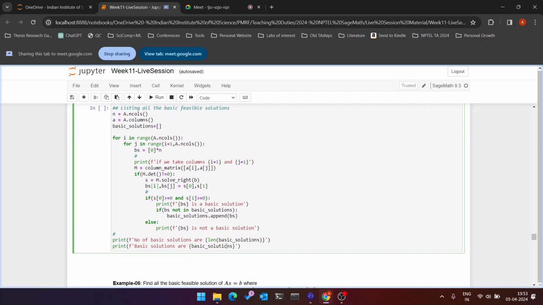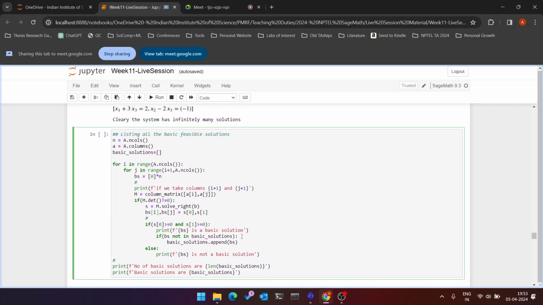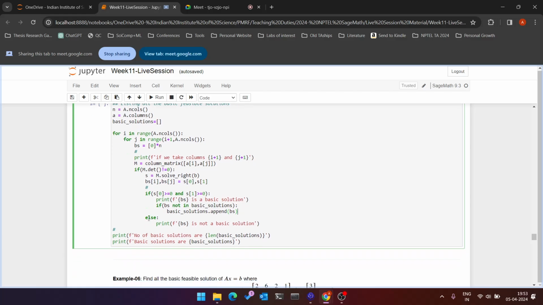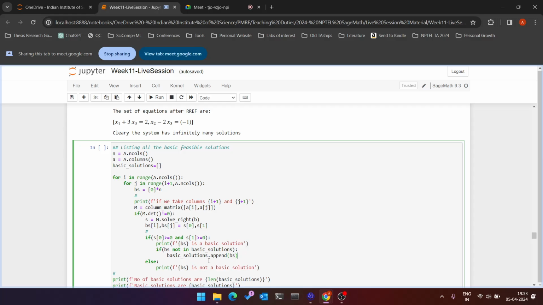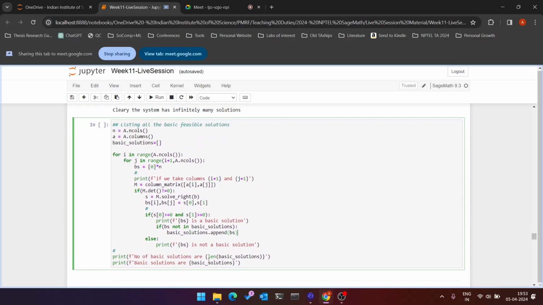Okay, if it is indeed a basic solution and it's a feasible solution, then it is added to the basic solutions array. Otherwise, it is not added.